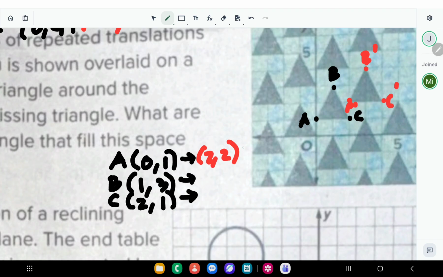This is A prime. Then B prime is 3, 4. This is B prime. And then C prime is 4, 2.